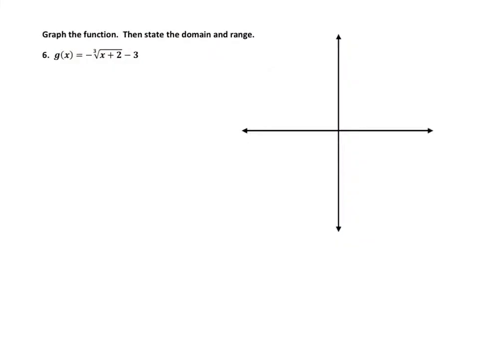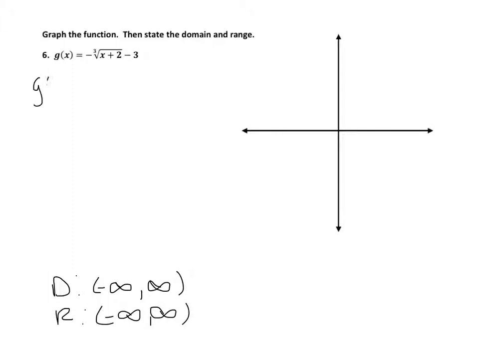So let's try this one. Now remember what I said. Domain and range we already know. Negative to positive infinity. Let's see if we're right. So this one you're just going to be graphing g of x equals negative cube root of x. So I'm going to do this. Just so we get a better distance, I'm going to do negative 8, 0, and 8.